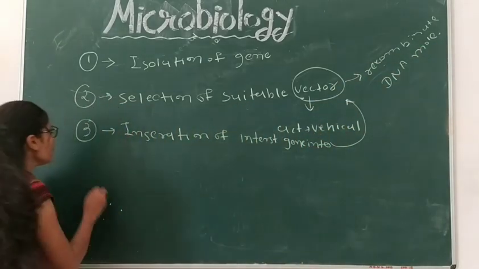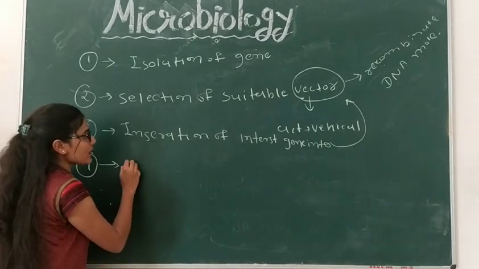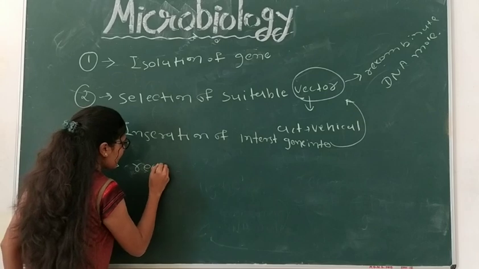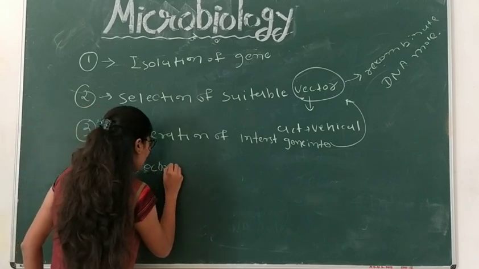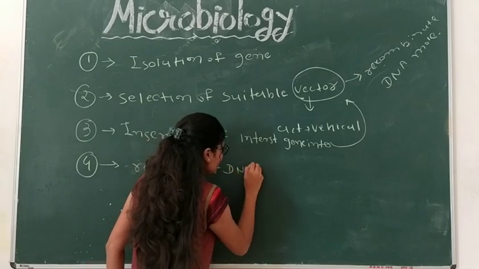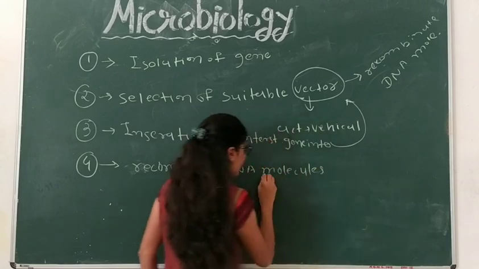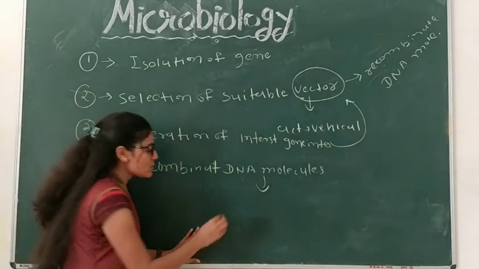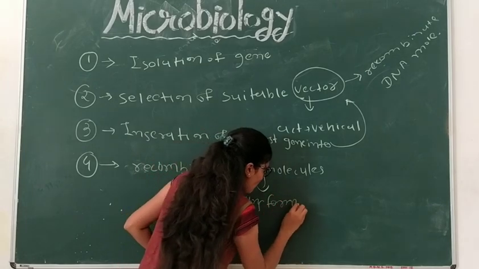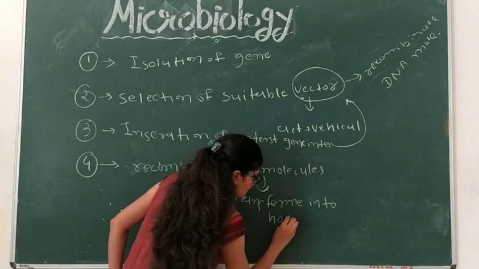Okay. Now the fourth step is, after formation of the recombinant DNA molecule, it will be transformed into the host cell.